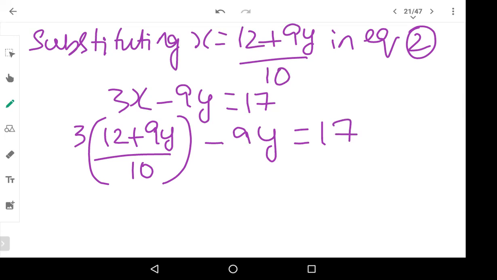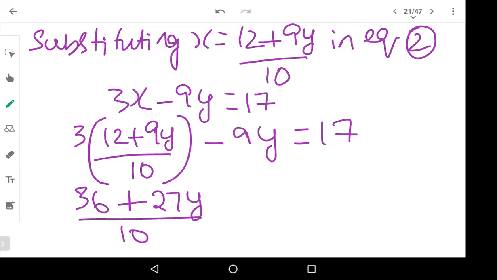So first thing what you're supposed to do here is multiply this 3 into 12 and 3 into 9y. Okay, so 3 into 12 will give you 36 plus 3 into 9 will give you 27y divided by 10. This divided by 10 is only for these two values.